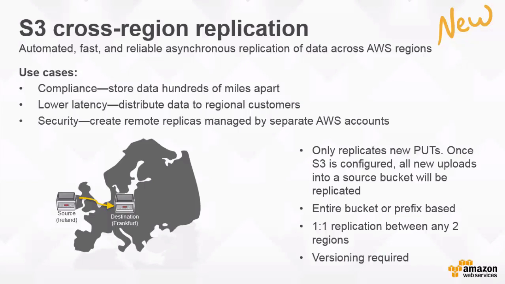Other use cases: lower latency, having data closer to the end users of that data. And finally, security. You're able to replicate across different accounts or have different security access to those buckets to save you from data loss. This feature is supported between any two regions at a bucket or key name prefix granularity.